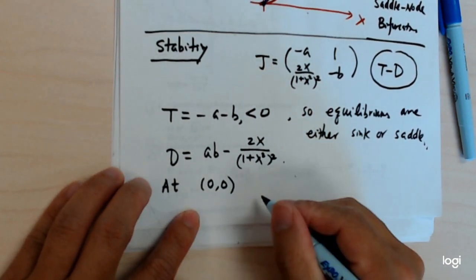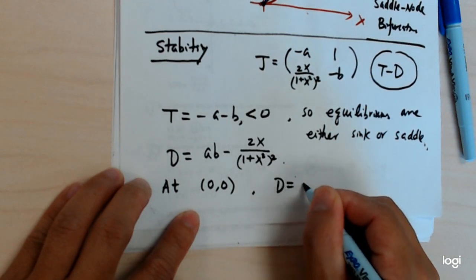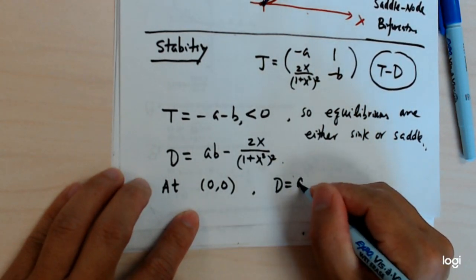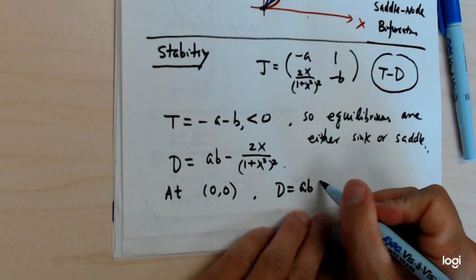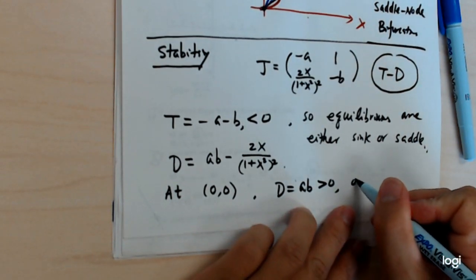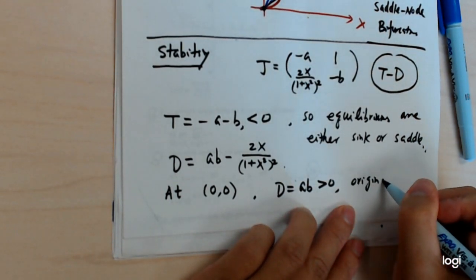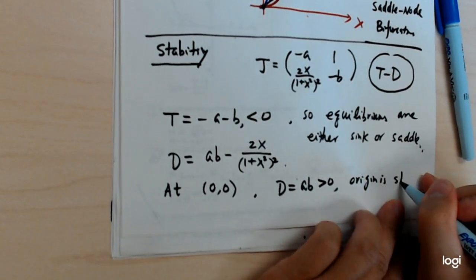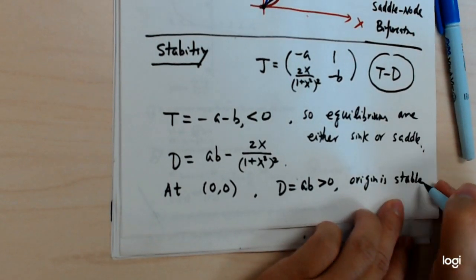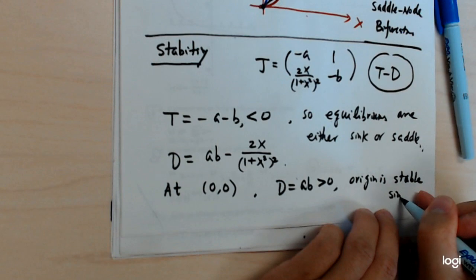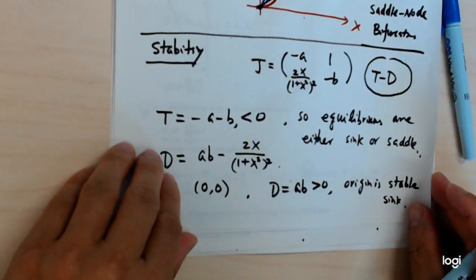At the origin, x will be 0, right? So d will be just ab. That'll be positive. So the origin is a stable node or sink, okay? Stable sink.